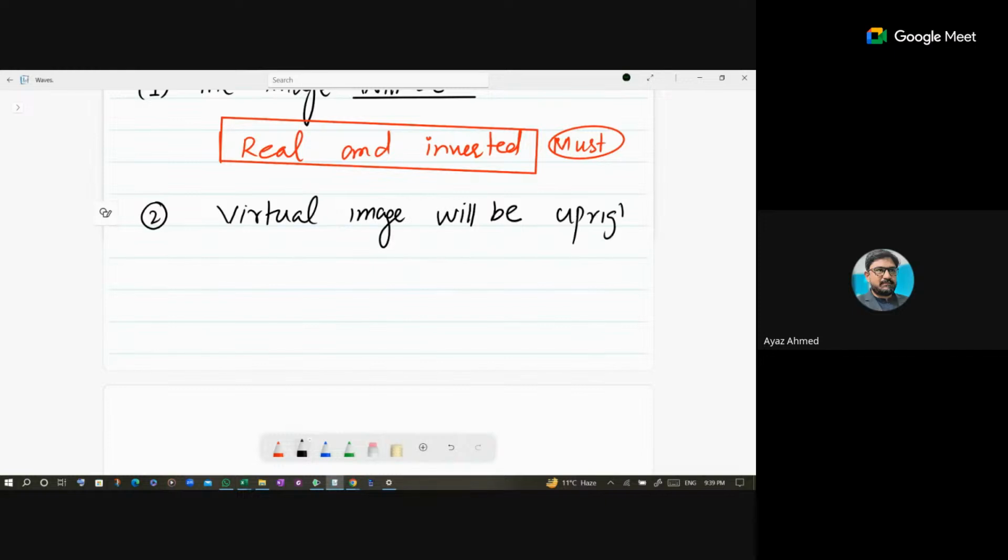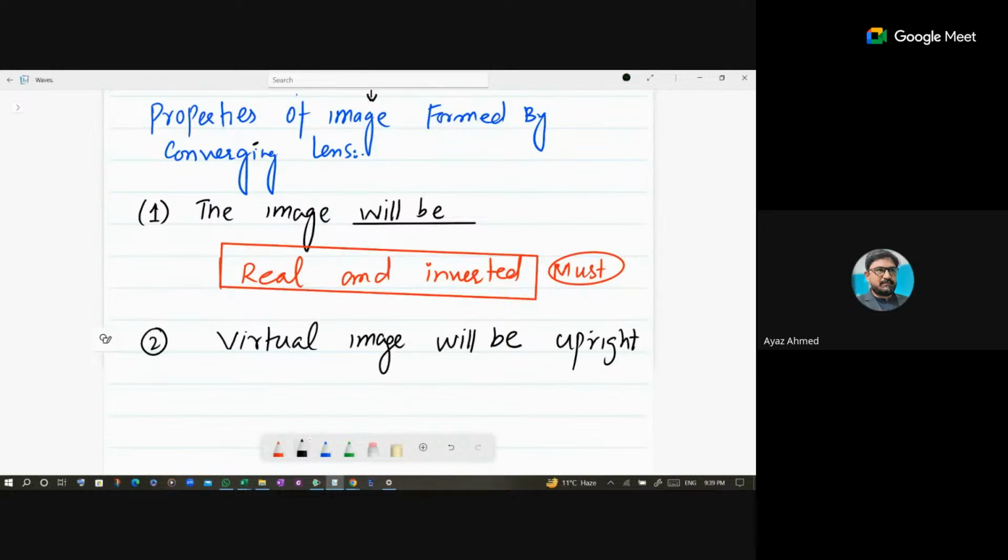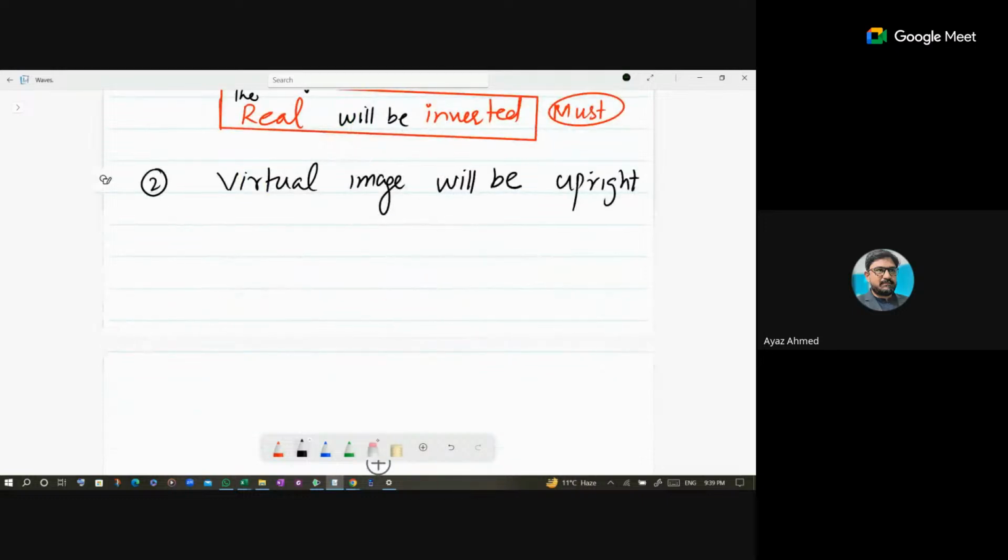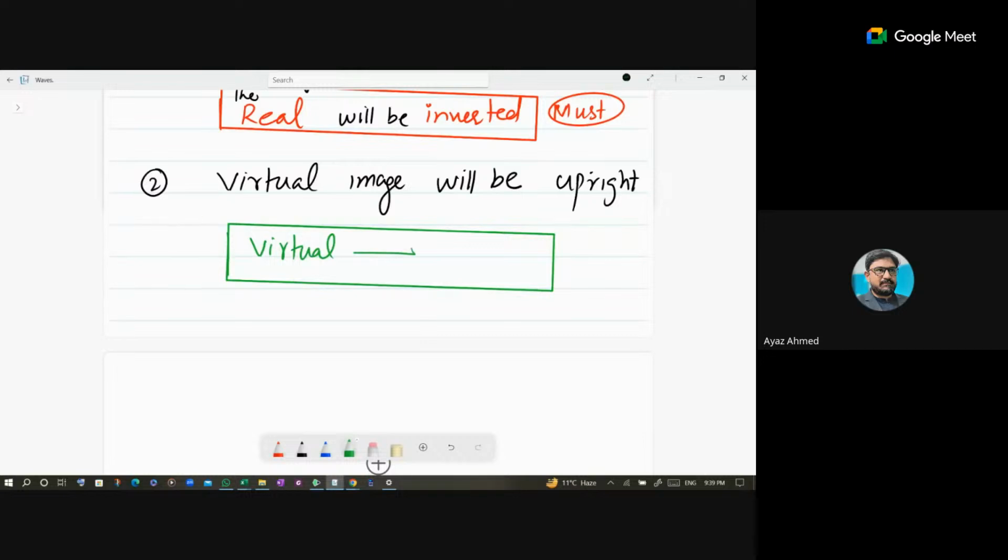So you can write in this way that the real image will be inverted and the virtual image will be upright. So I can say that this is another set of image obtained. If that is virtual, then it will be upright. So I will write all these four properties over here. This is again a must condition. You cannot have any exemption over here.